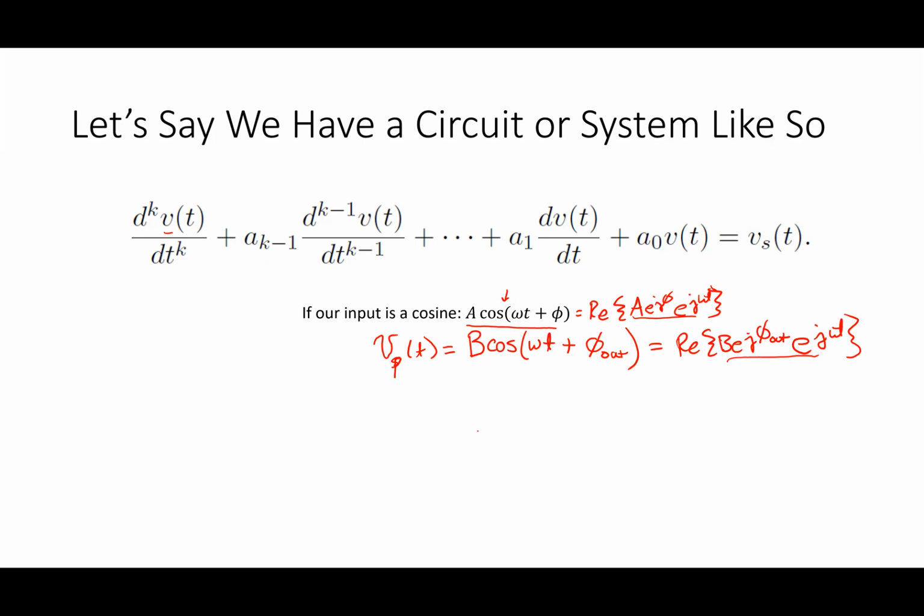So if that's the case, the right side of this thing is going to be, let me do it a little farther over, A e to the j phi e to the j omega t. And over here, I would have A0 times whatever my output is, so this would be B e to the j phi out e to the j omega t. And then I would have all these other terms.